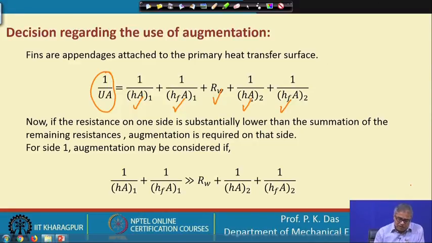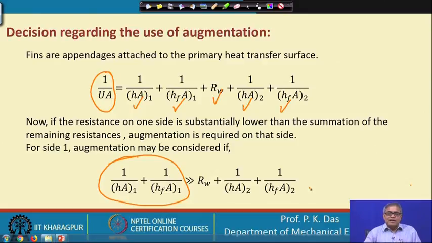Suppose the situation is such that for fluid one side, the summation of these two resistances is much more compared to the summation of other resistances, then we can take a clear cut decision that the augmentation is to be done on the fluid one side. So, this is how we have to decide.